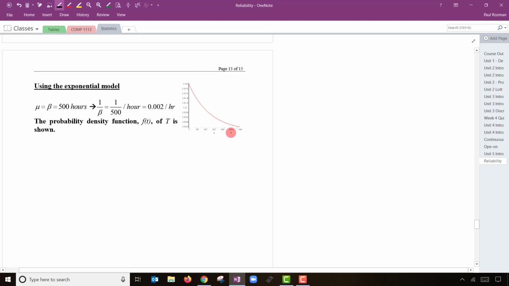I plotted the curve here just for your viewing pleasure, because we're trying to answer a few different questions. We want the probability that the thing lasts longer than 800 hours. Remember, for the exponential, the reliability at any time t is e to the negative t over beta.